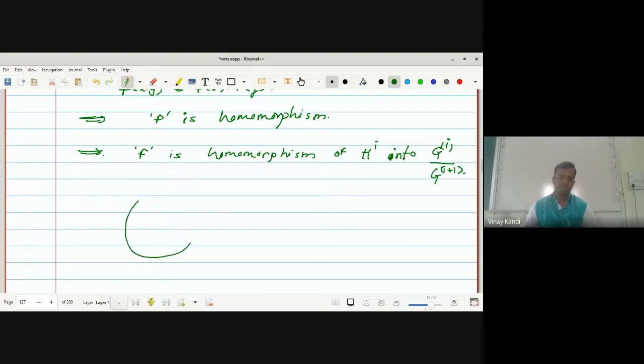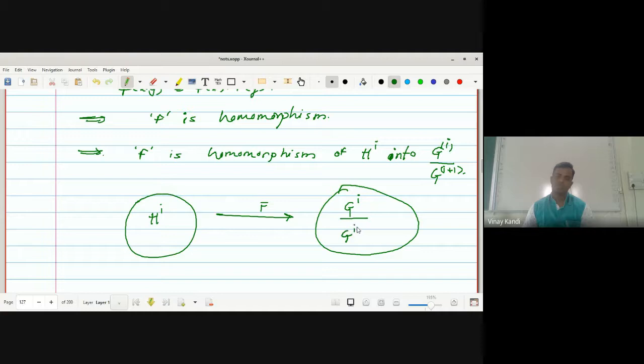Suppose this one is H raised to I, the ith derived subgroup of H. My function is from H raised to I to this one. What is this one's codomain? G raised to I upon G raised to I plus 1. Is it correct? This function f is an into homomorphism, not an onto homomorphism.